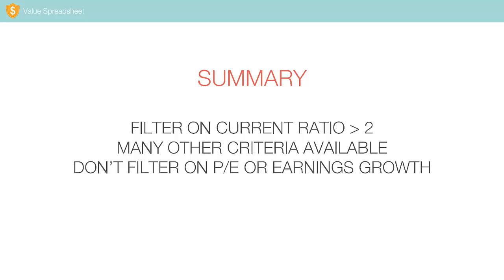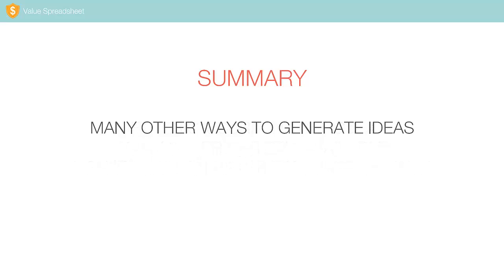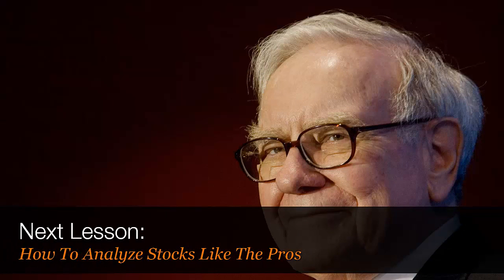I do not recommend filtering on PE ratio or earnings growth, because this might exclude perfectly sound investment ideas, since a financially healthy company with 0% growth can still be an attractive investment if the price is right. Besides stock screeners, there are many other ways of generating investment ideas, like newsletters and 52-week low lists. Okay, now that you have a list of initial ideas, we will perform some serious fundamental analysis on them in the next lesson to filter the list down even further.